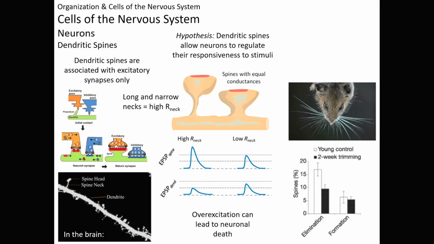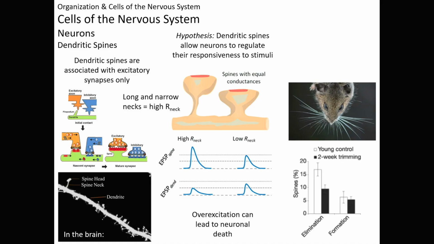And especially when we think about going that other way, where you're increasing the incoming stimuli to the brain, the reason we want to slow down how much of that excitation can actually travel through the neurons is because overexcitation of neurons can actually lead to their death. We're going to see that more clearly later in the course when we start talking about neurotransmitters. I'll get into that a little bit more.